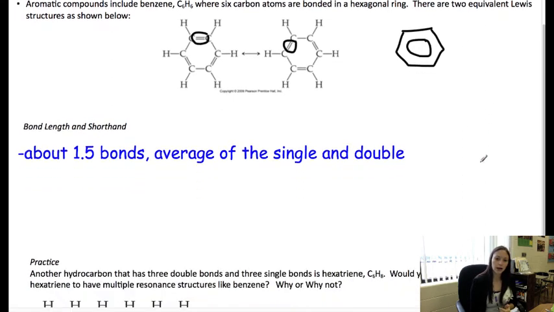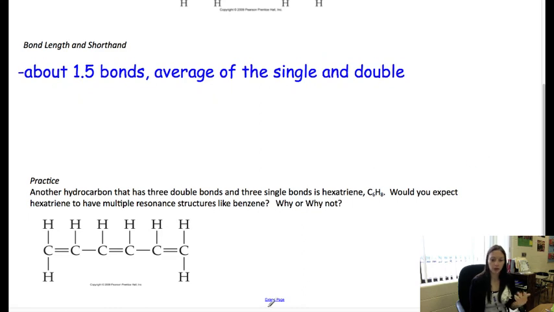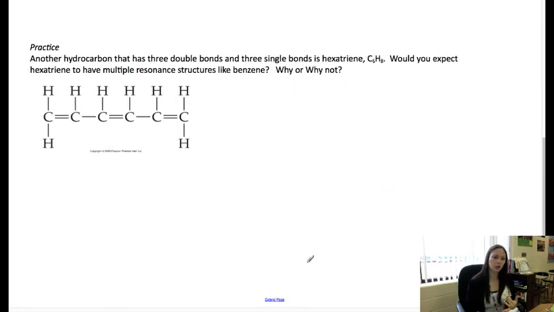So let's look at another hydrocarbon, which means carbon and hydrogen. It has 3 double bonds and 3 single bonds. It's called hexatriene. Now, would you expect hexatriene to have multiple resonance structures, just like benzene does? And why or why not? Well, when you look at this, there's a problem with this one.